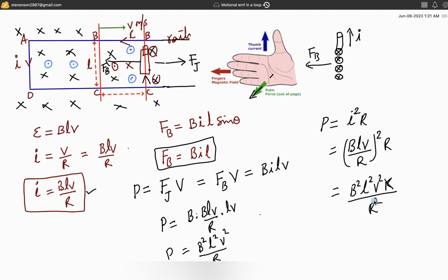This R and this square get cancelled, so we have B squared L squared V squared over R, which is exactly the same as what we got here.